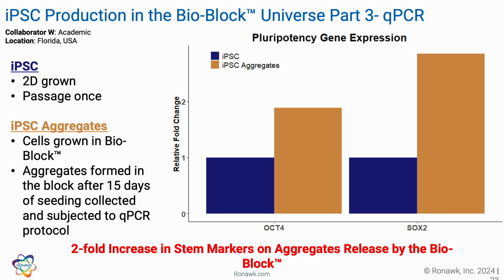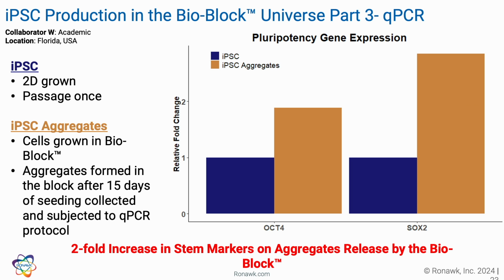This is pretty impressive. Not only are you producing a massive amount of iPSCs from the blocks, but you're also producing a massive amount that is retaining those stem markers. That is very hard to keep.